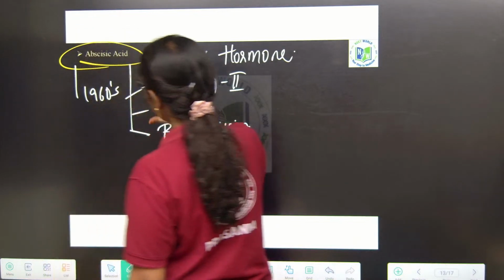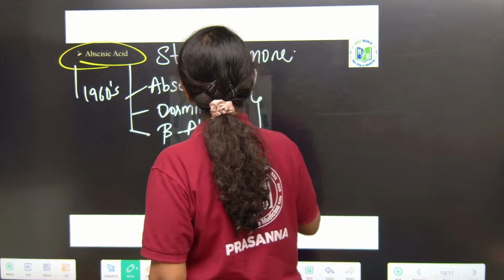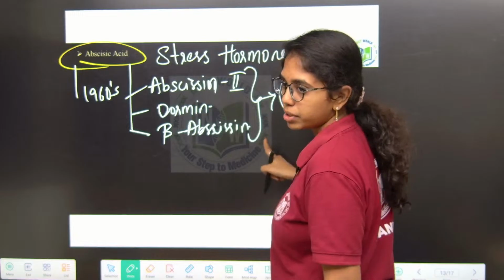So, 3 different compounds were identified, and later they got to know that all these 3 are one molecule only, that is abscisic acid.